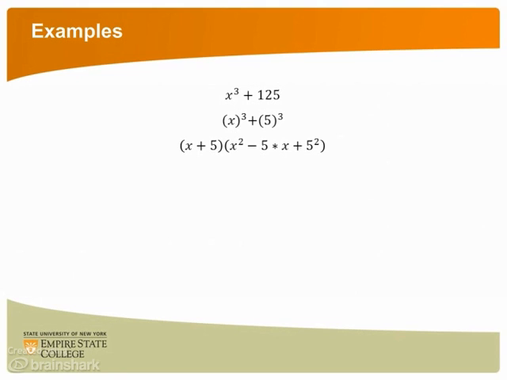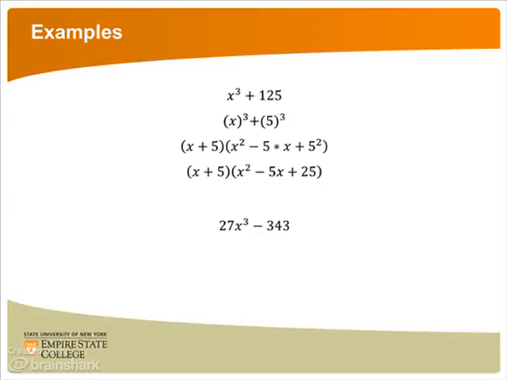We have x plus 5 times x squared minus 5 times x plus 5 squared. We have to remember to switch the plus to a minus in front of the second term. Simplifying, we are left with x plus 5 times x squared minus 5x plus 25.